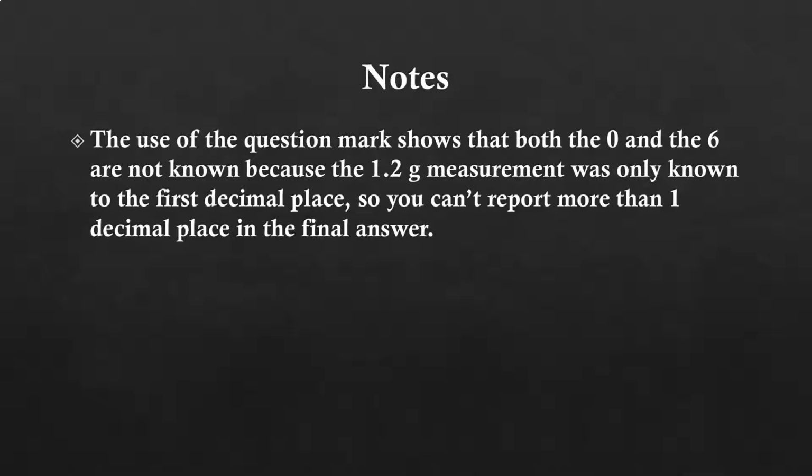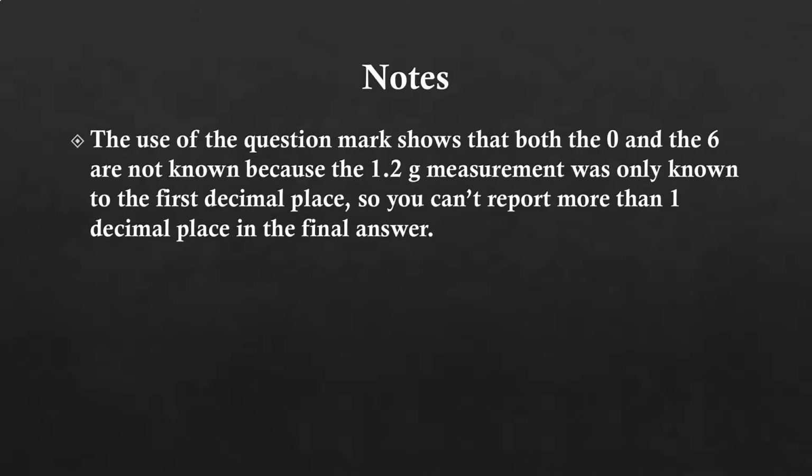The use of a question mark shows that both the 0 and the 6 are not known, because the 1.2 gram measurement is only known to the first decimal place, so it is not as precise as the other measurement. So you can't report more than the 1 decimal place in your final answer. If you were, you'd be reporting 3 uncertain or guess digits for the measurement, and that is not allowed.